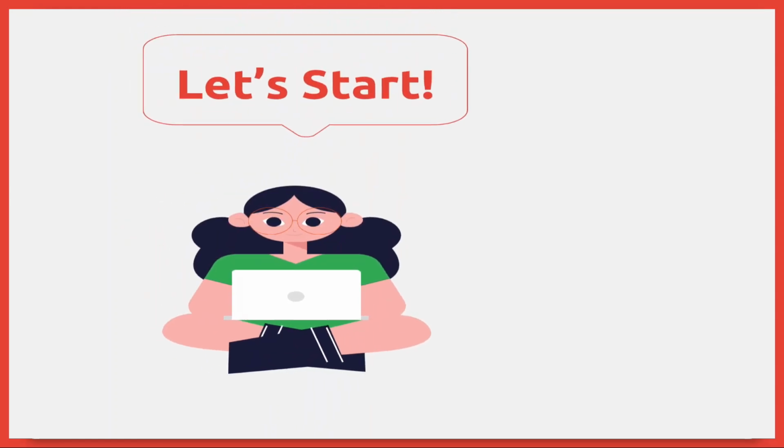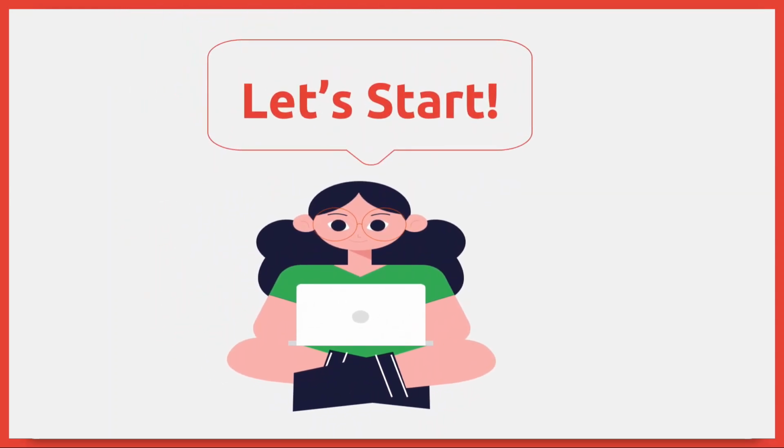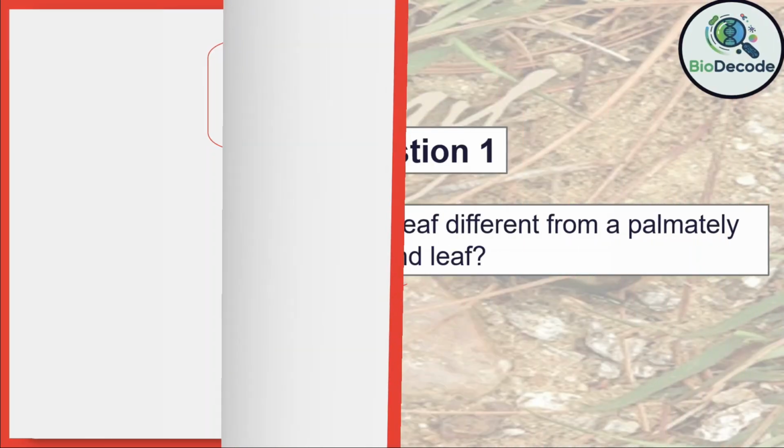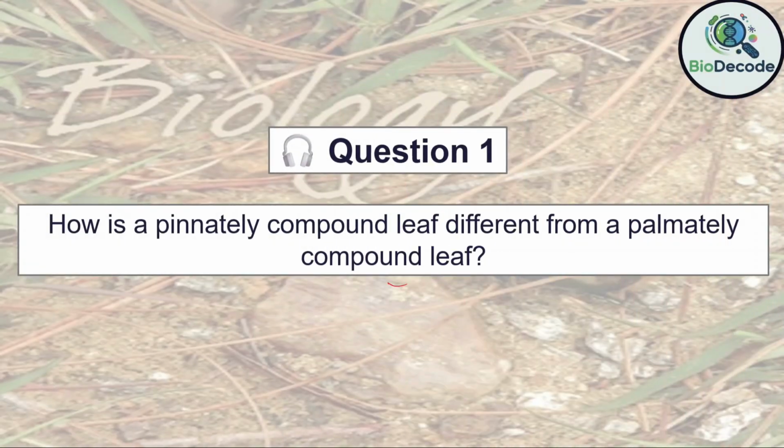So plug in your earphones, focus your mind, and let's begin exploring the fascinating structures of flowering plants, from roots and leaves to flowers and seeds. This is BioDecode, and you're listening to Chapter 5, Morphology of Flowering Plants, Exercise Solutions and Key Questions.